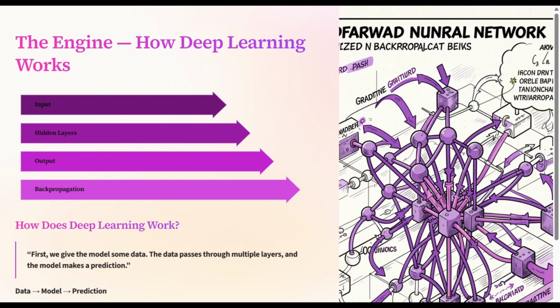Imagine there is an image on the right side. Each ball we can imagine as a perceptron, used to pass data through the neuron layer. Many perceptrons together form the multiple layers in deep learning.